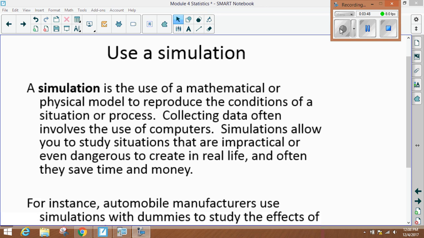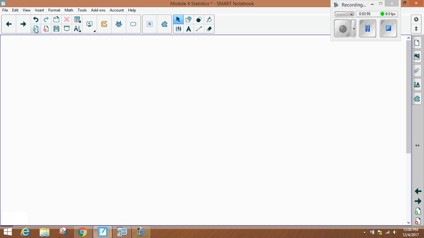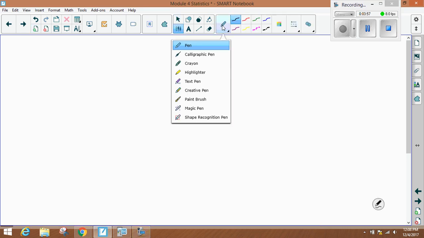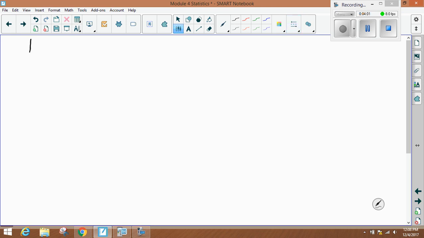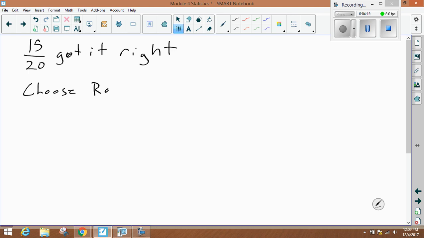And the way that you would do that is you would do a random simulation. So the way that I carry out a random simulation is, let's say the proportion was 15 out of 20 that got it right. Well, if I was going to see if that happened by chance, what I would do was I would choose randomly.